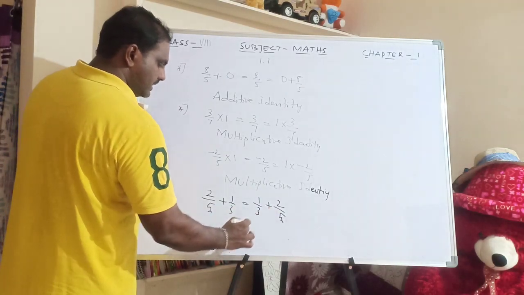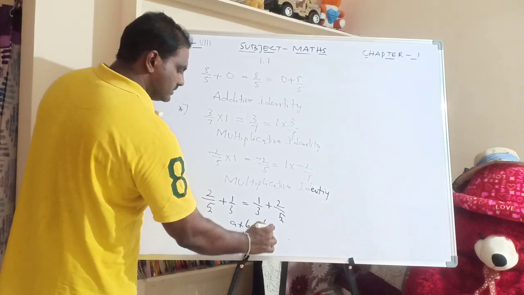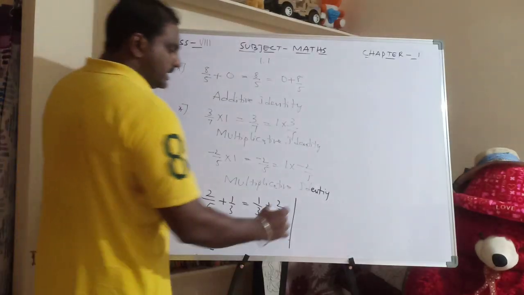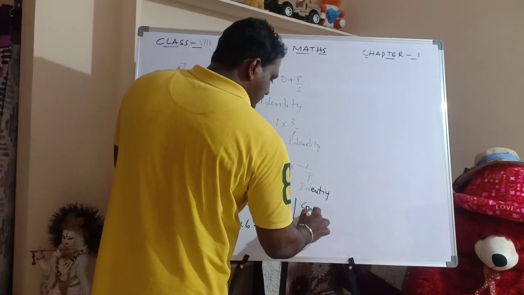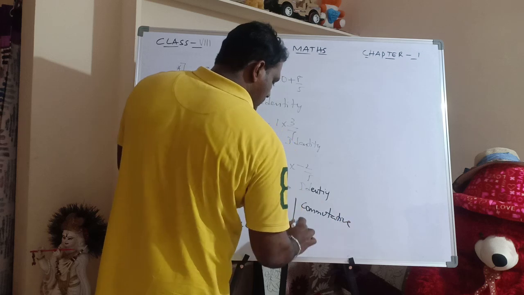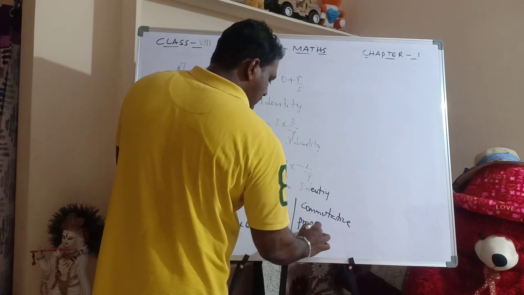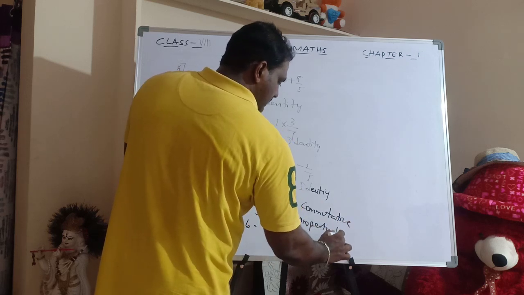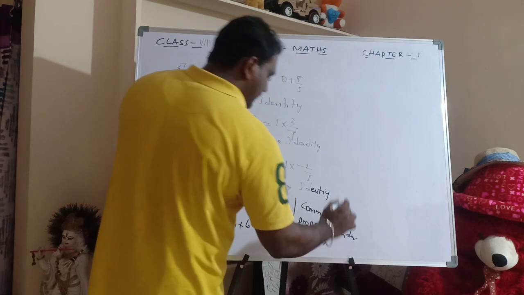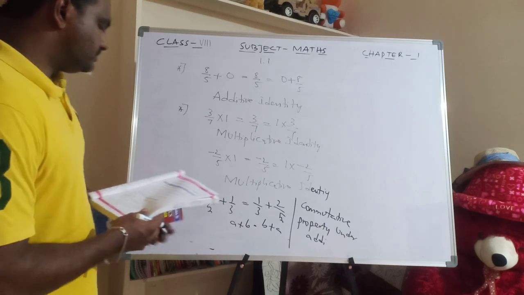You know A plus B is equal to B plus A. So which property is it? Yes, it is the commutative property under addition. Commutative property under addition.